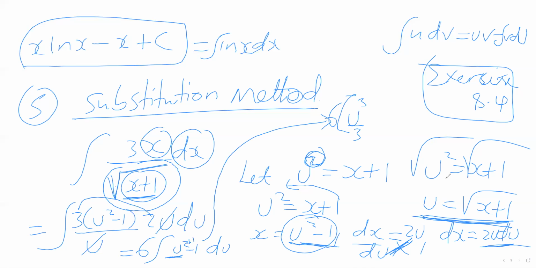It's just increasing by 1 and you divide by the same. Minus integral of 1 will be u. We put c because these are indefinite integrals. So that's the answer. So we have 6 u to the power 3 over 3 minus u plus c.